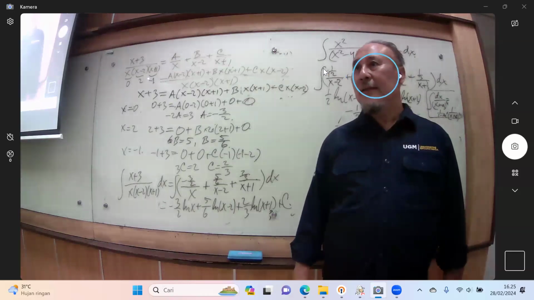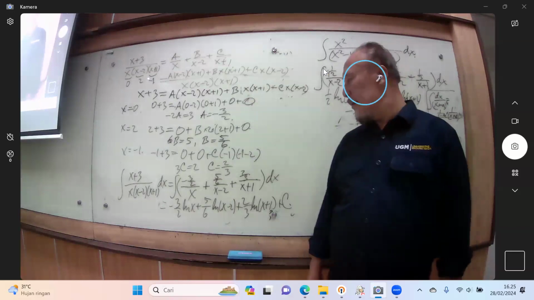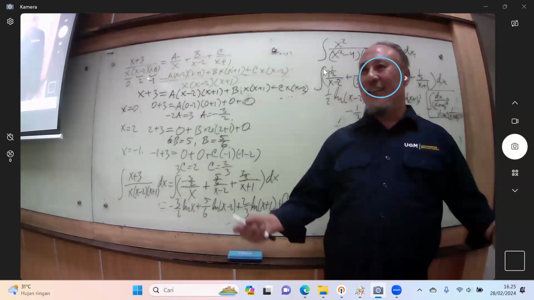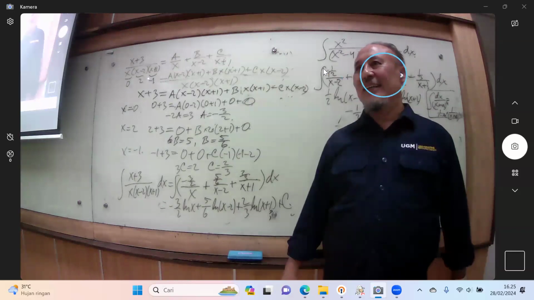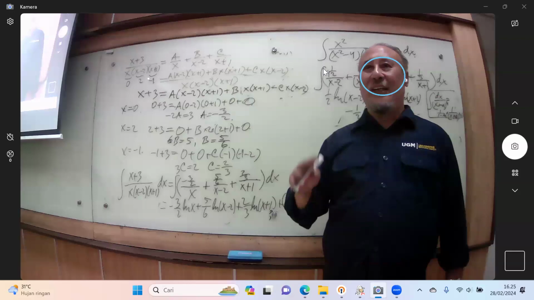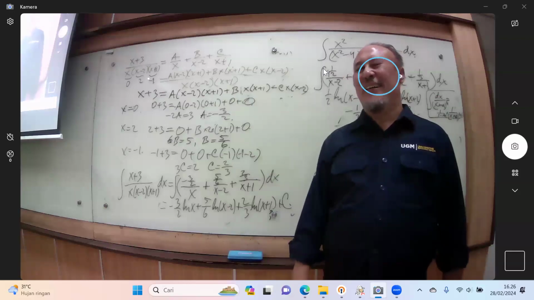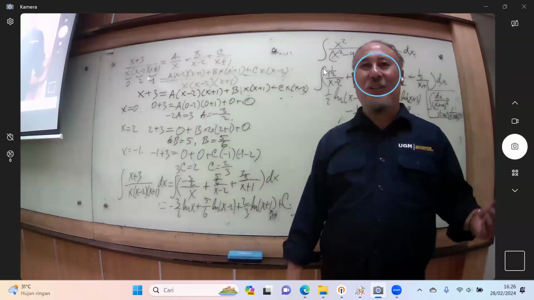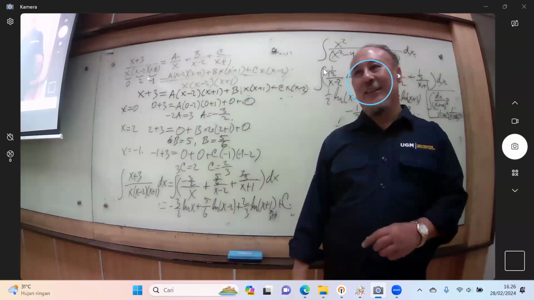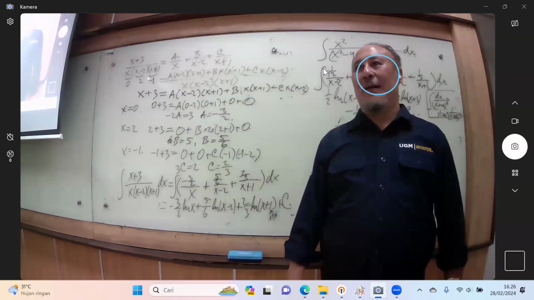Well, it's as I said before, the actual is absolute value. Right? So if we later on talk about the definite integral, then it becomes absolute value.